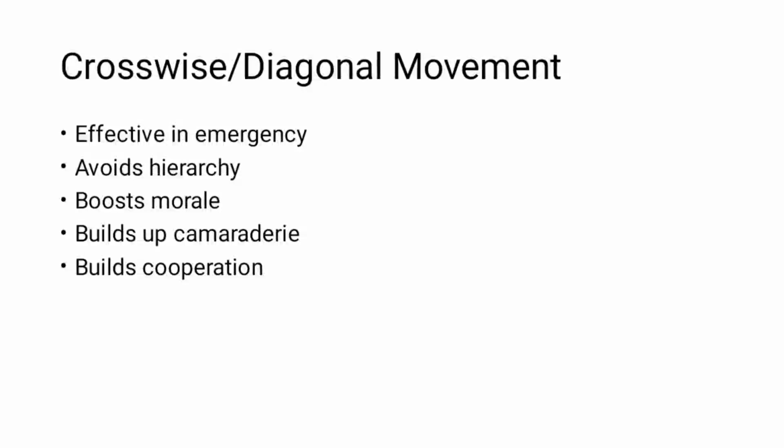When we say it is crosswise or diagonal, it means that we are breaking all the official hierarchy, formal hierarchy, say from the man right at the bottom, the watchman, to the CEO. We can jump all the official positions and we can send a message.